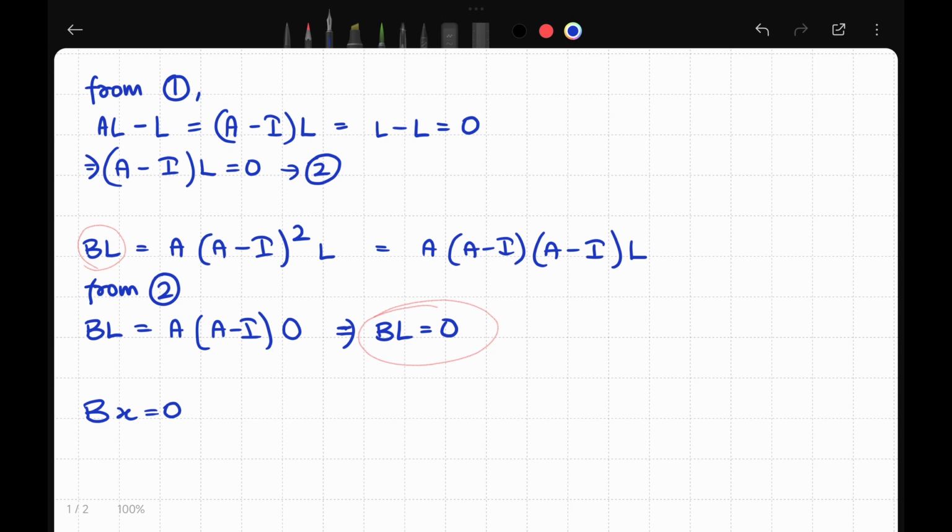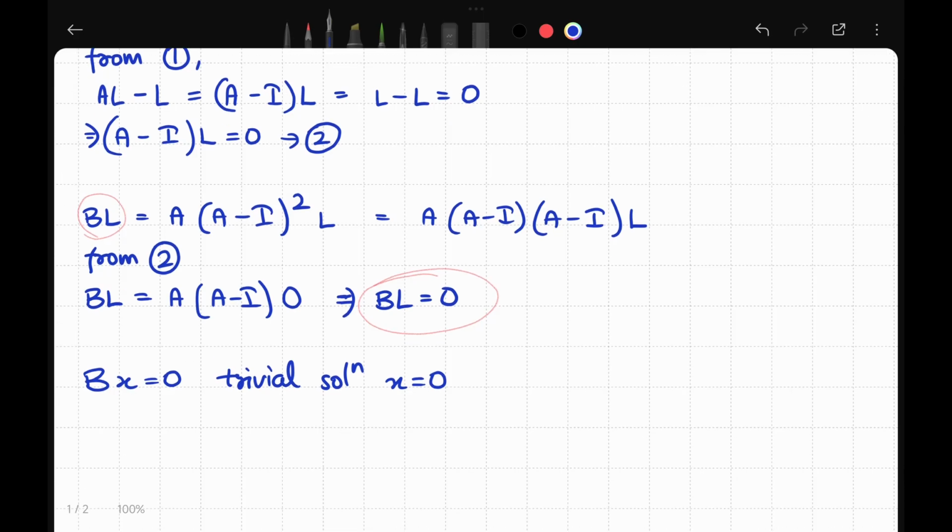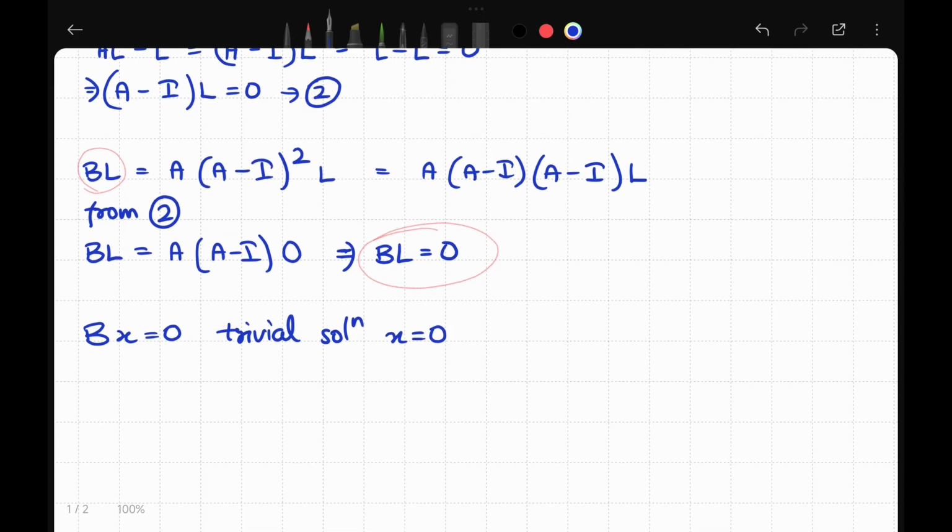BL equals 0. So we know that for a homogeneous system Bx equals 0, there always exists a trivial solution x equals 0, right? That solution satisfies this equation, and it's called the trivial solution.